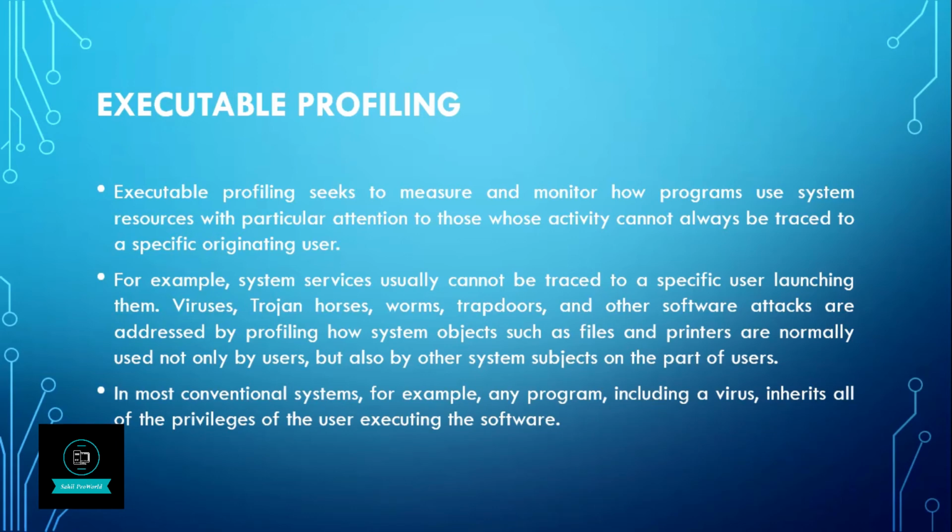In most conventional systems, for example, any program, including a virus, inherits all the privileges of the user executing the software. The software is not limited by the principle of least privilege to only those privileges needed to properly execute. This openness in the architecture permits viruses to conveniently change and infect totally unrelated parts of the system.